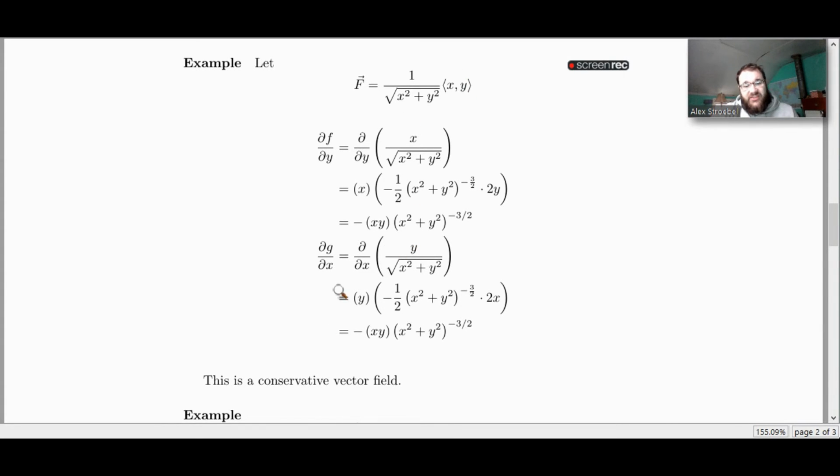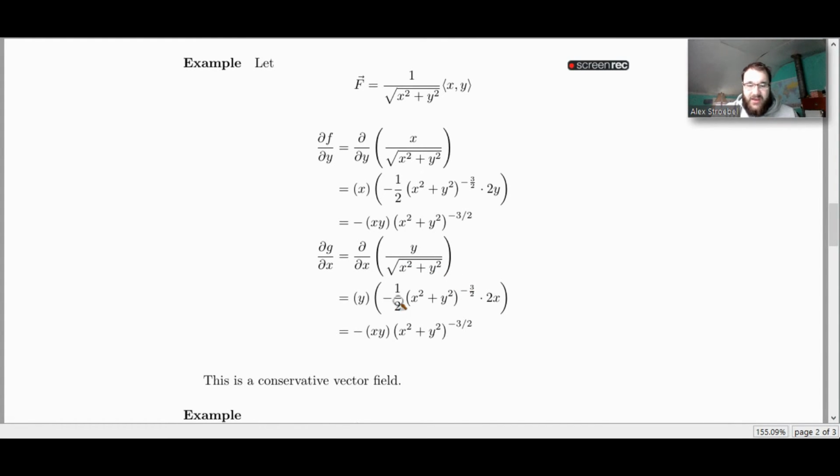So now we have to take the derivative of the portion in the y coordinate with respect to x. So we have y over this stuff with respect to x. We can pull the y out because we're treating that as a constant. The derivative of the outside, we pull the negative 1/2 out to the front.